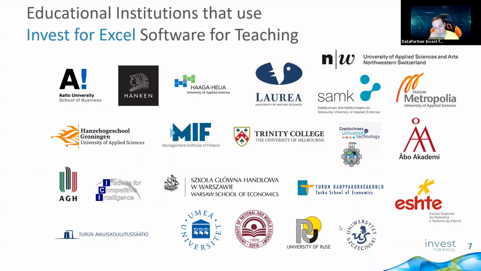Invest for Excel has also been well received in the academic world. We have some of the great universities that teach bachelor programs and master programs on different topics. It could be hotel management, or economics, or business administration. It could be almost anything, because now many topics have a financial modeling component in them.